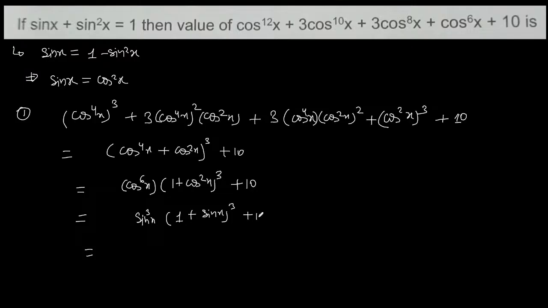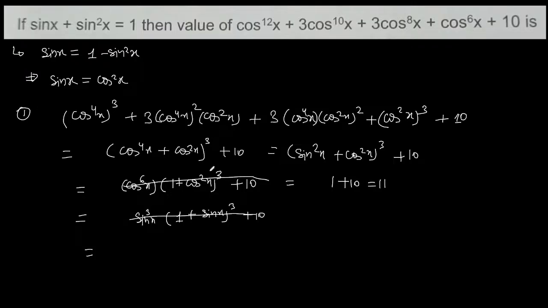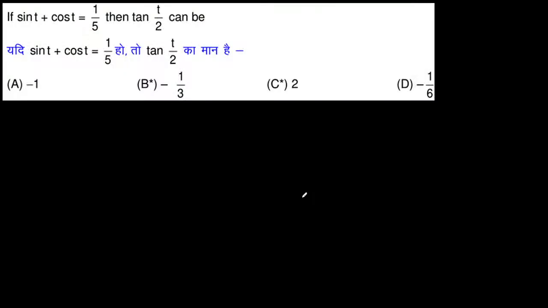This is plus 10. We need not go this much ahead. Sin to the power 4 is nothing but sin square. Cos to the power 4 is nothing but (sin square x plus cos square x) whole cube plus 10. This is 1. 1 plus 10 is 11. So we need not go this much far. It is just 2 to 3 steps. Got it?